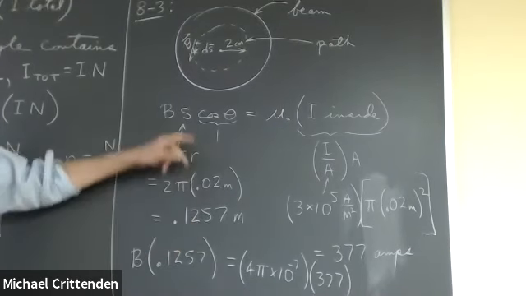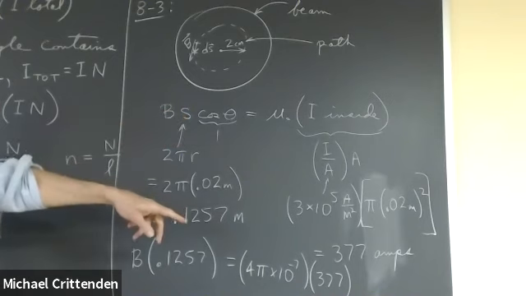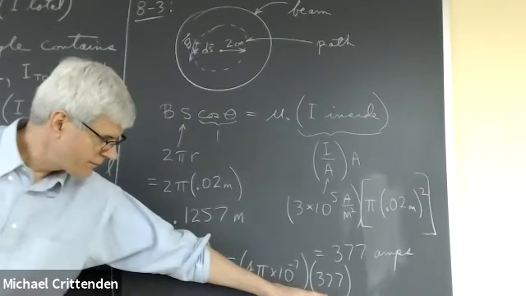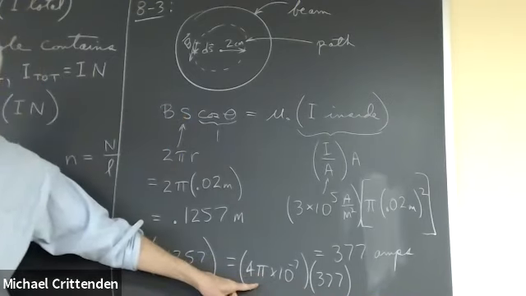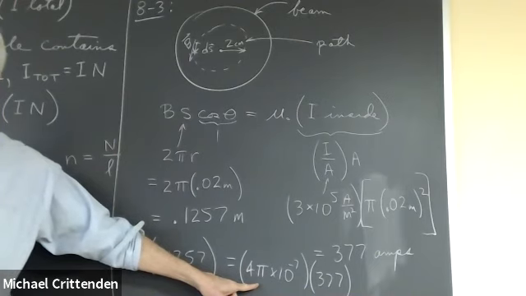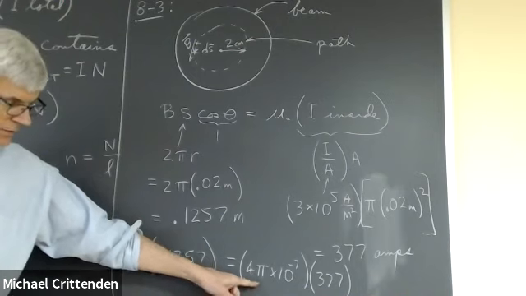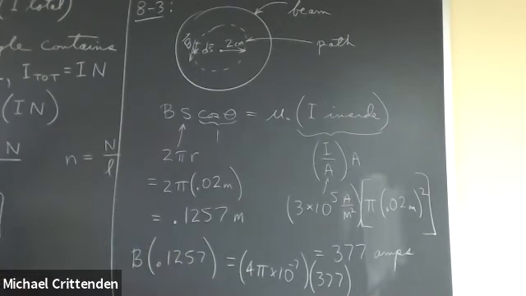So the length of the path goes in for S. The 377 amps goes in for I. You can look up mu naught on your reference handout, 4 pi times 10 to the negative 7 when you're measuring in SI units. So I know everything except B, and as soon as I make myself a place to write it down, I'll have the answer.